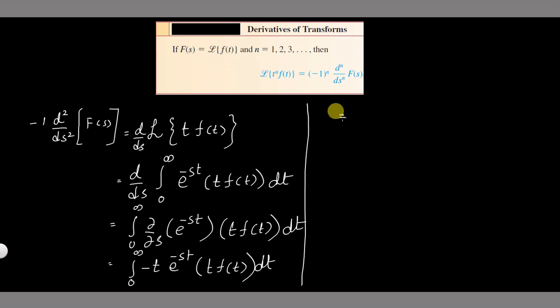Then minus will be out of the integral. We have 0 to infinity e raised to the power minus st, and just multiply this t with this t, so it will become t square f of t.